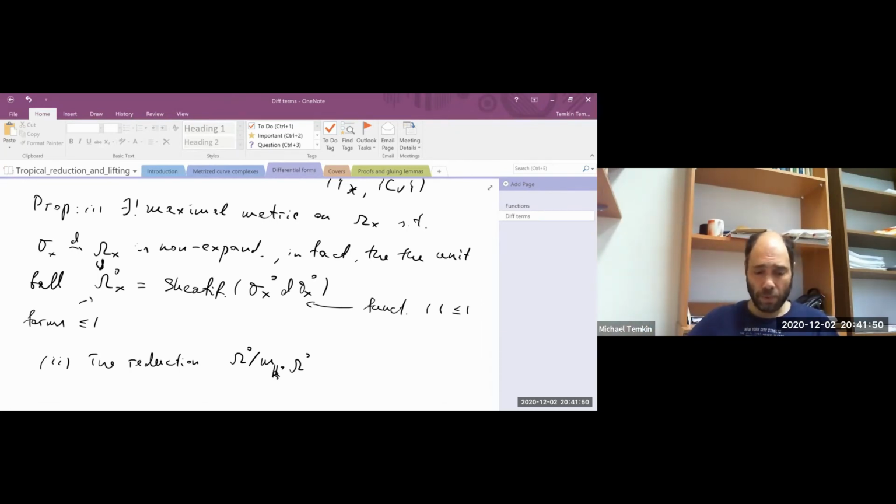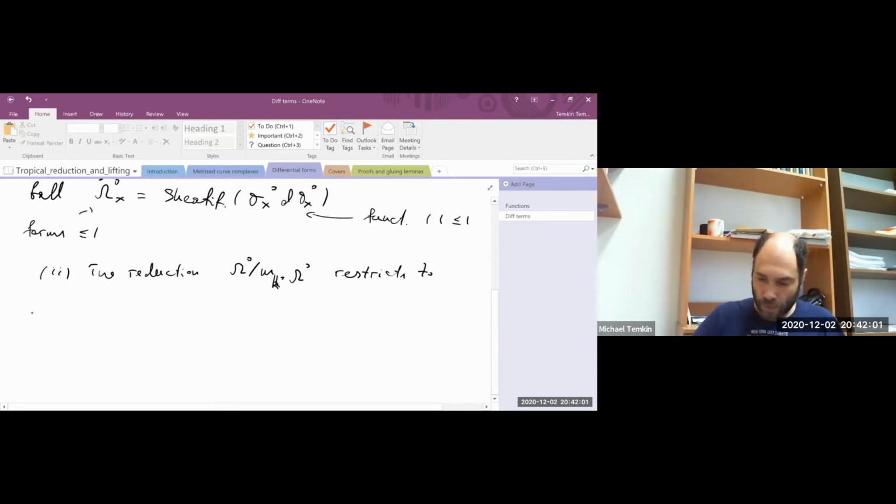And at each type 2 point x, we get the following. It restricts to Ω_{C_x}^log on C_x for each x of type 2. So the reduction of differential forms is differential forms.